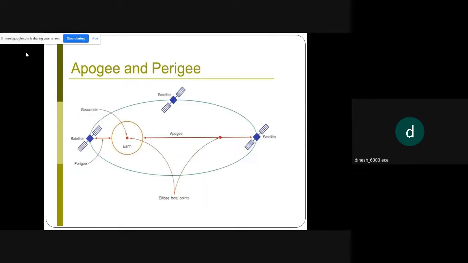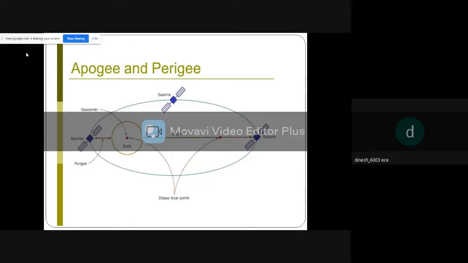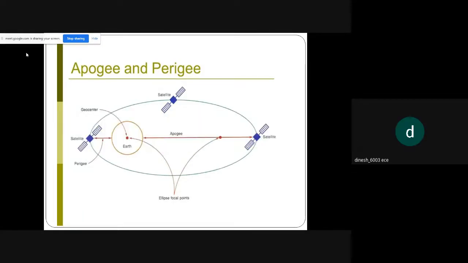So when a satellite revolves around the Earth, the satellite will be very close to the Earth's surface at a point. So that point is perigee, and the satellite will be very far away from the Earth at another point. So that point is apogee.